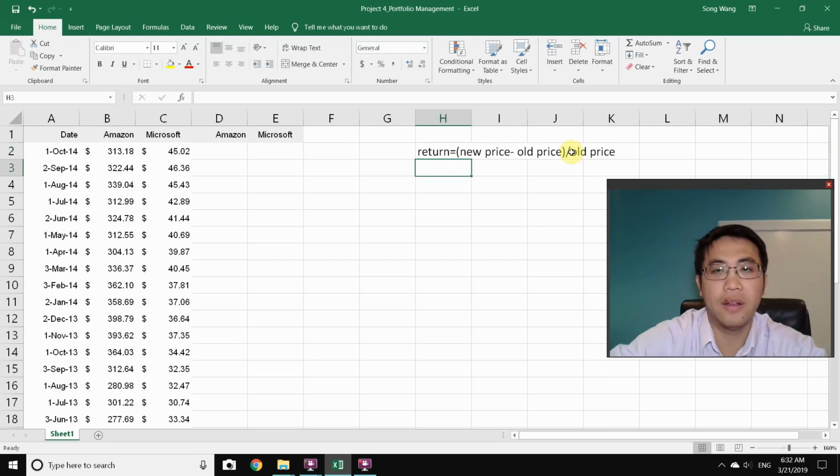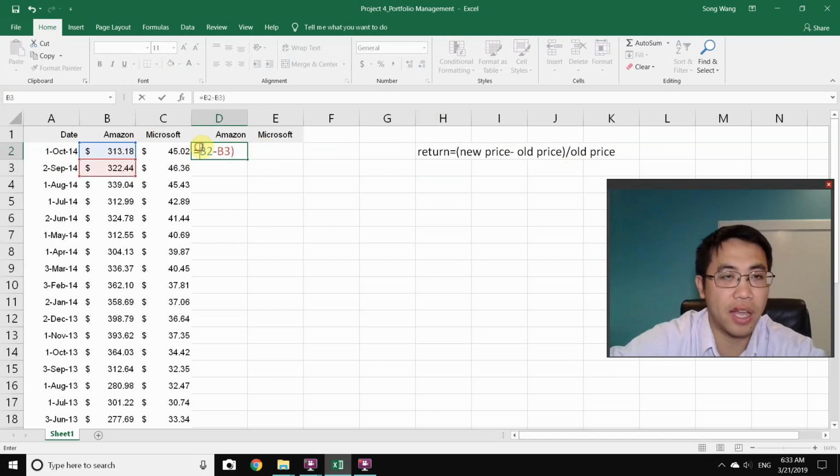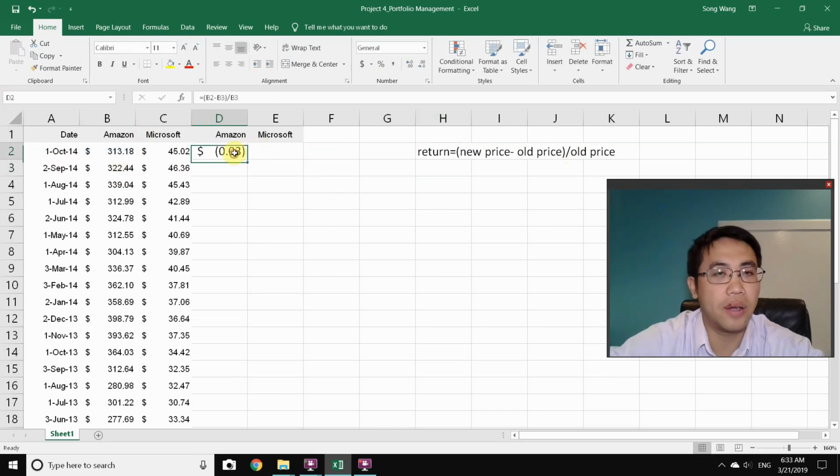If you want to calculate the return of Amazon for October the 14th, you're going to need this price minus the old price, or the difference, don't forget to put parentheses, divided by the price in the last period. So here you get negative 3% or negative 2.9%.